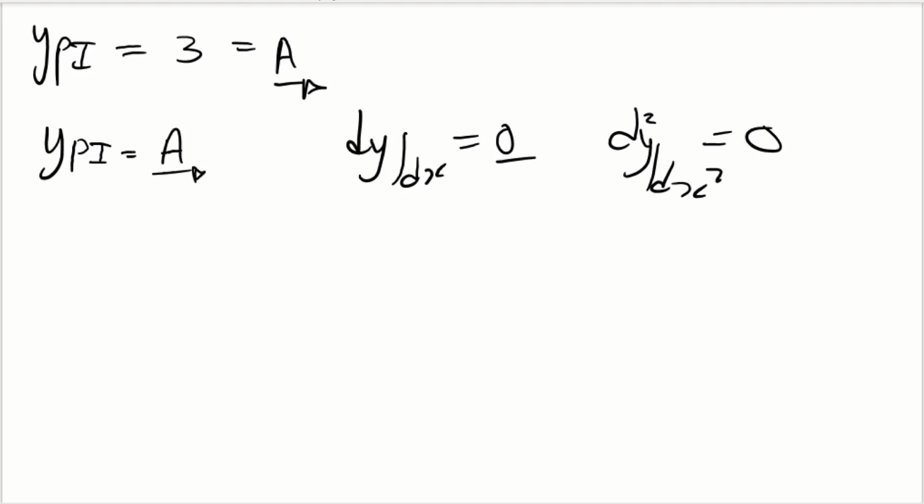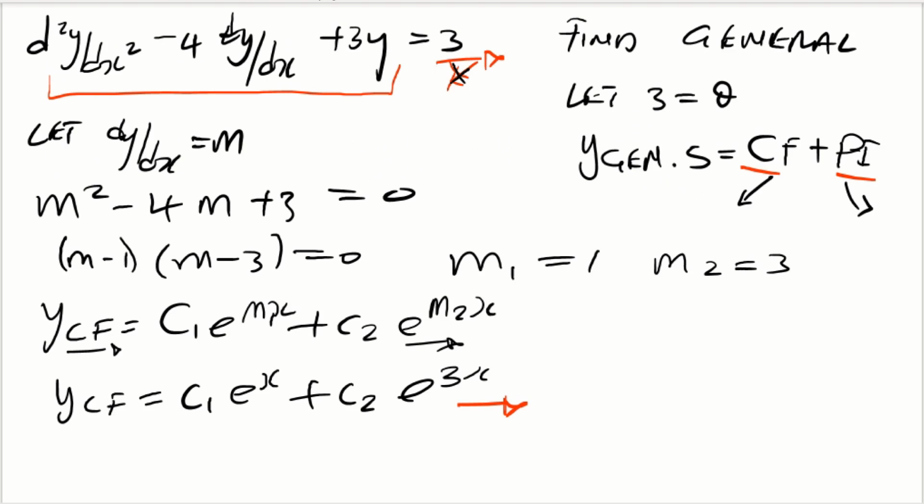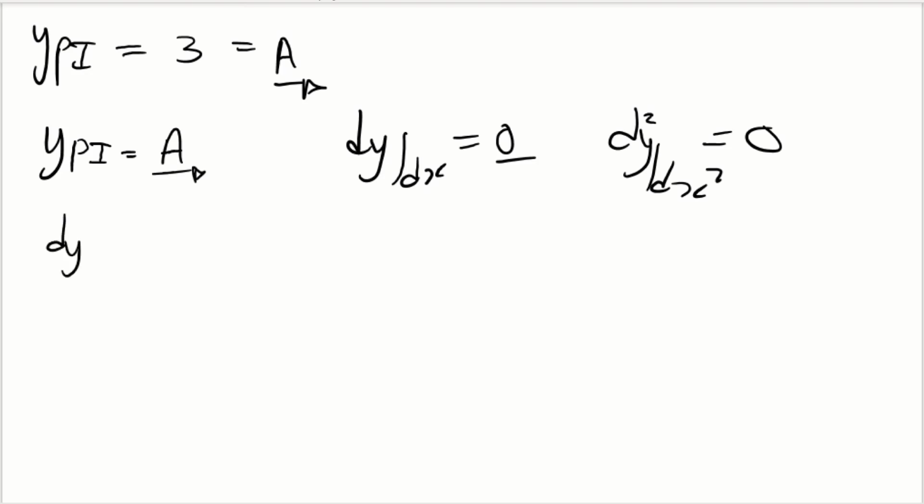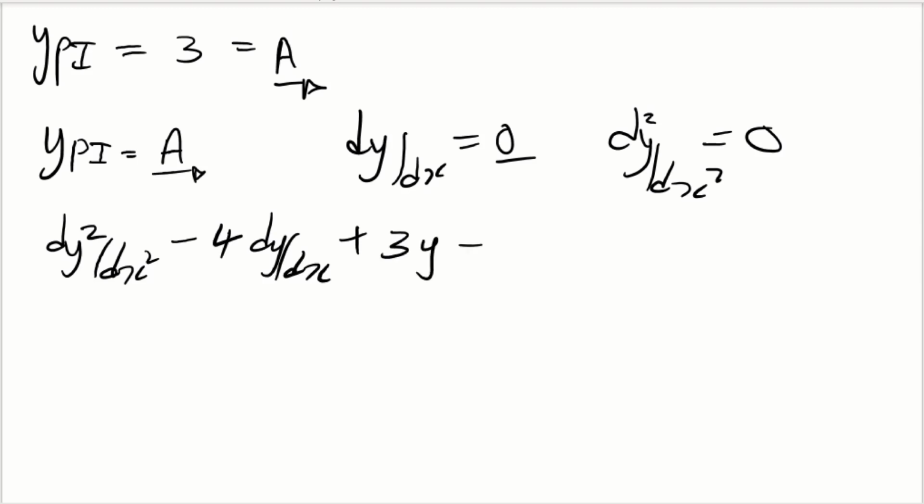After finding those values, remember you go back to your original equation, which is this one. Your original equation was d squared y over dx squared minus 4 dy over dx plus 3y equals 3.